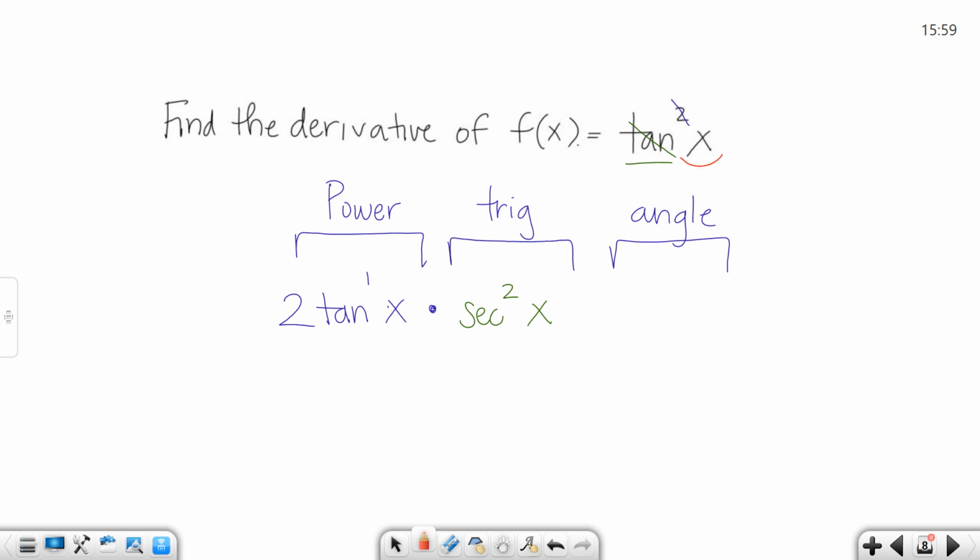Well, this angle is just a plain angle of x, so the derivative of x is 1. But had it been more advanced, of course, you would have to take that derivative. So cleaning this one up, your derivative of this function is 2 tangent x secant squared of x.